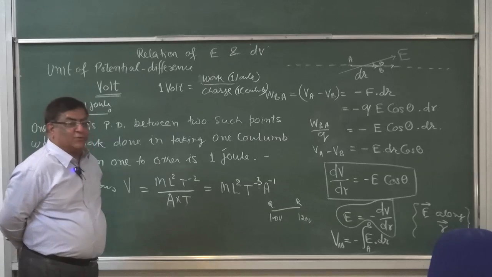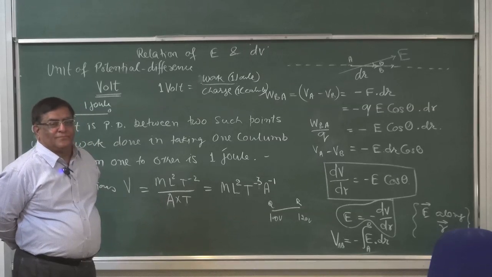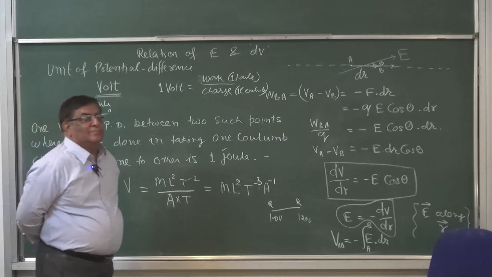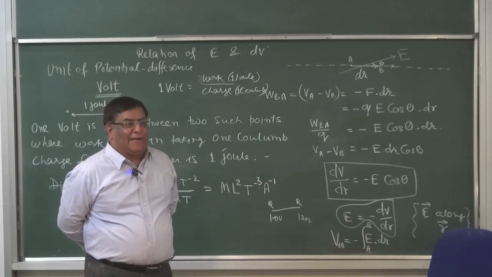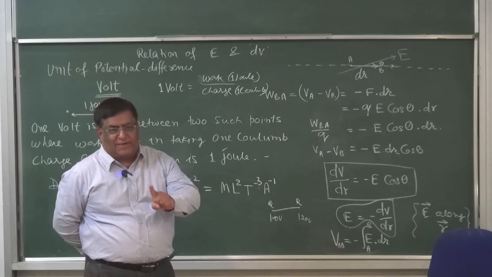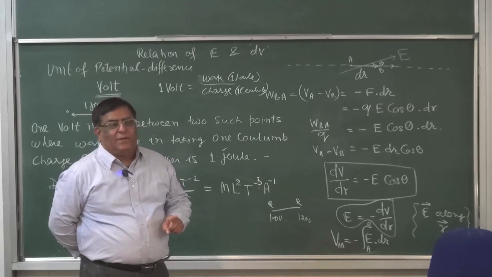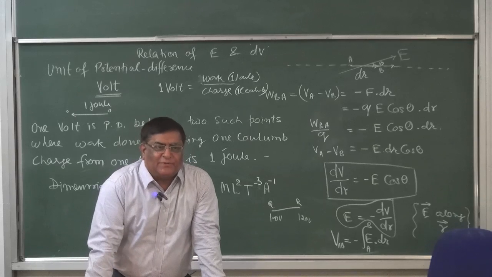Q to R or R to Q? You see, I will explain it by 2 methods, mathematically and logically. Logically, along the electric field, you have learnt what happens to potential. Does it increase or decrease?